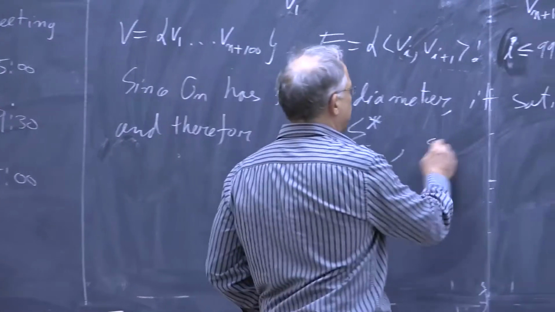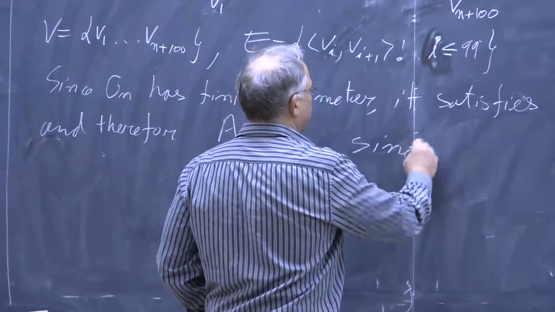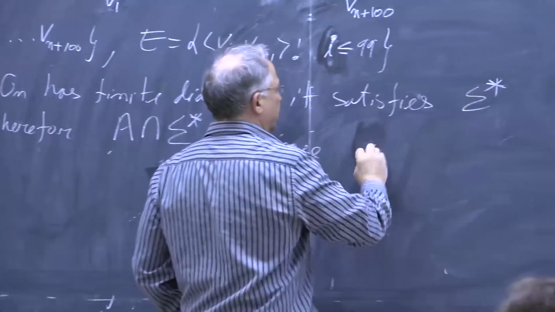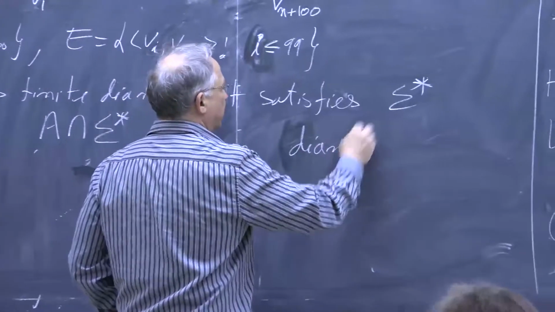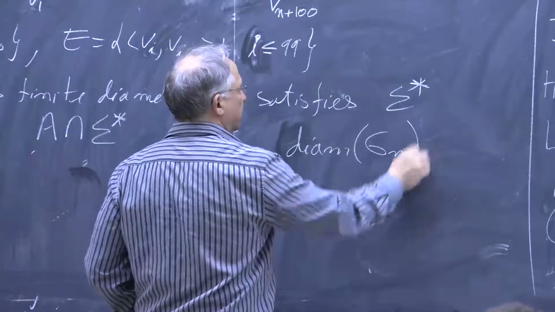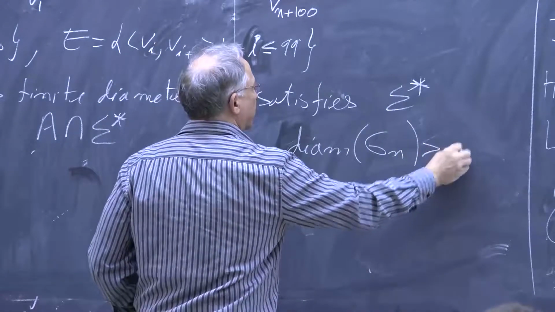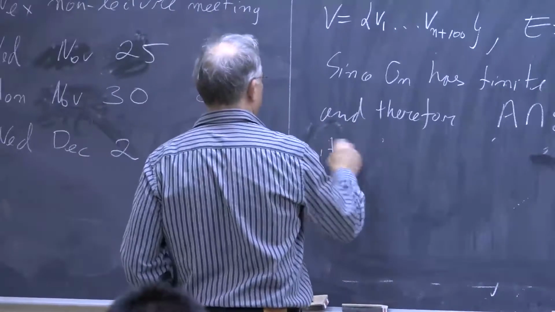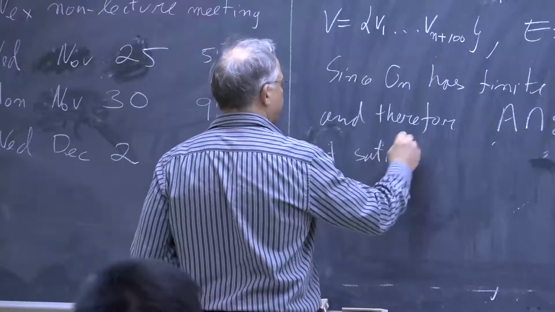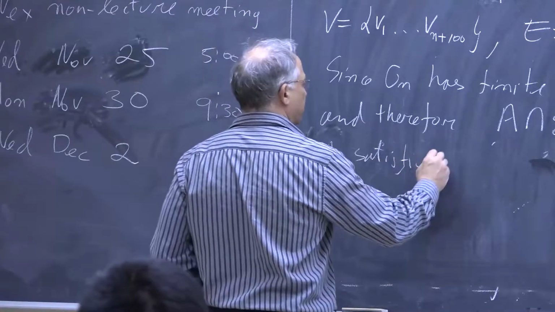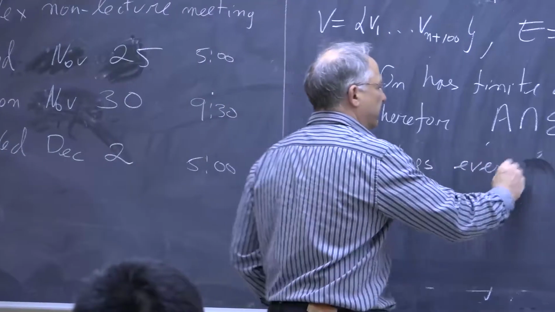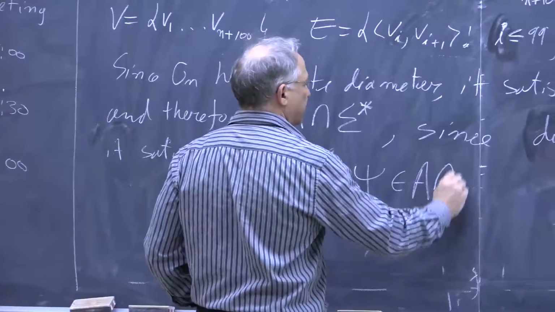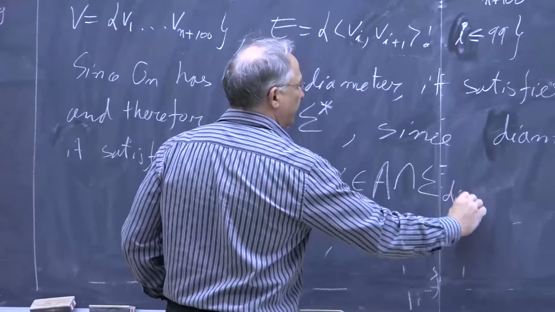And since the diameter of Gn is more than n, it satisfies every phi that is in A intersection sigma diameter.